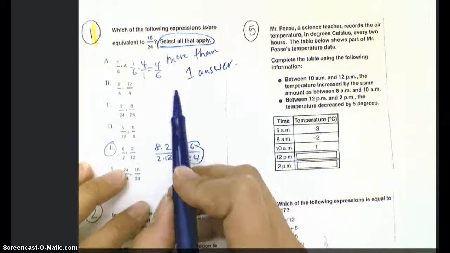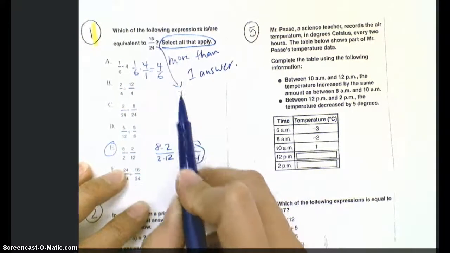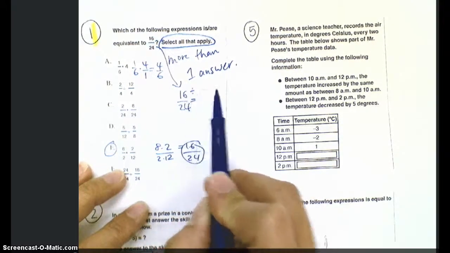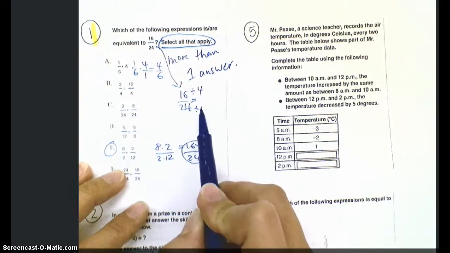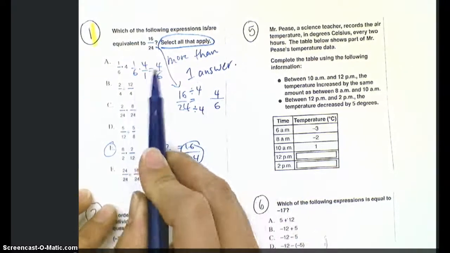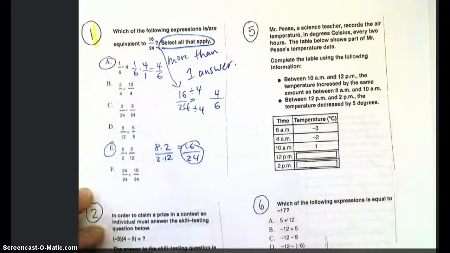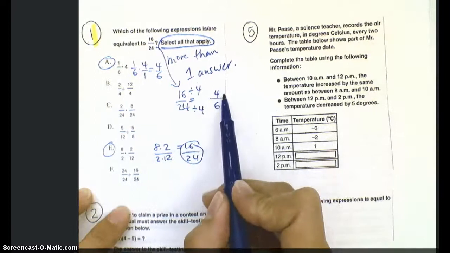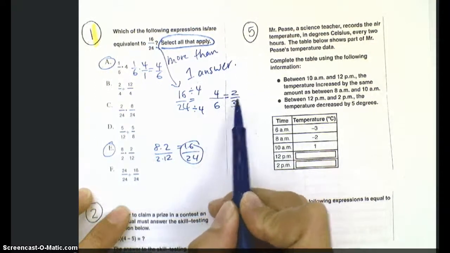If I take 16 over 24, I can simplify that by dividing by 4, giving me 4 over 6, which is the same as A. If I were to simplify that more, I could get 2 over 3.